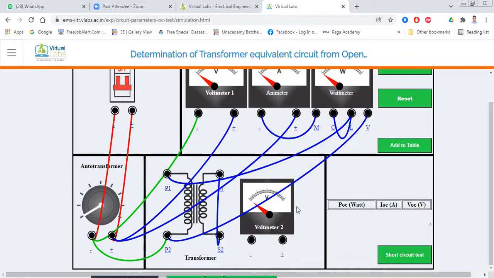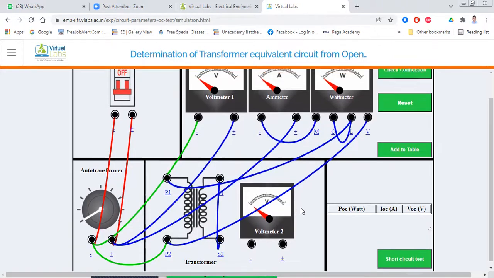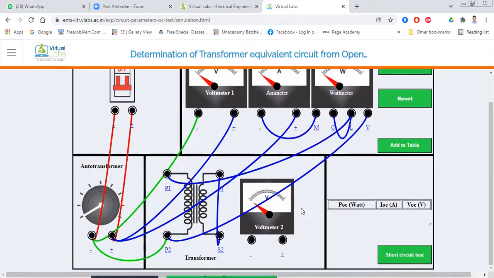Please see the circuit. Is there anything wrong? Please tell me. I also check the circuit. Checking the circuit.